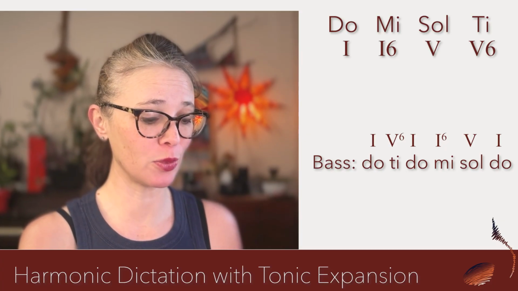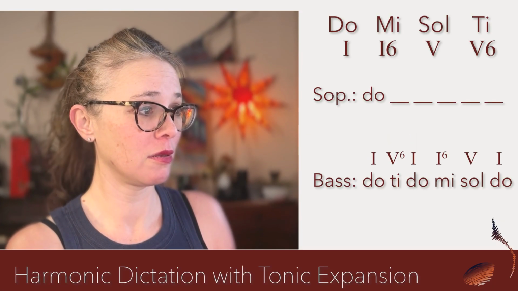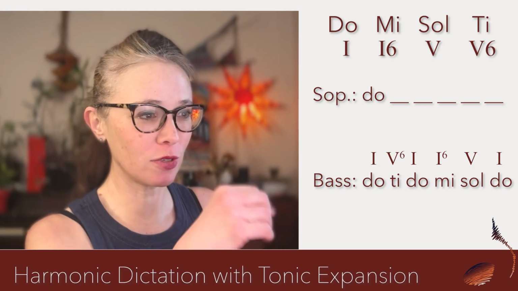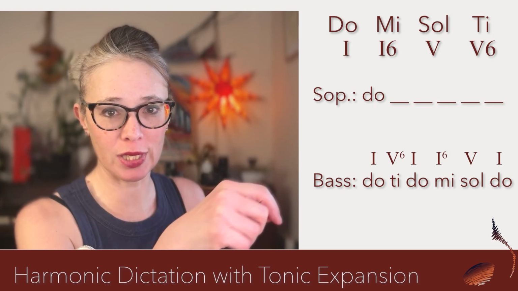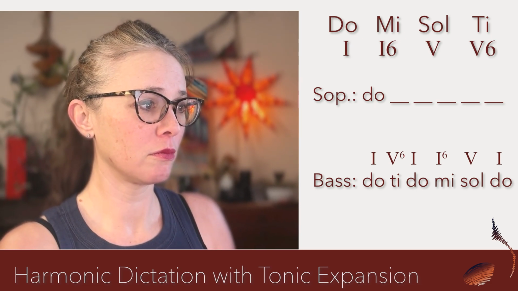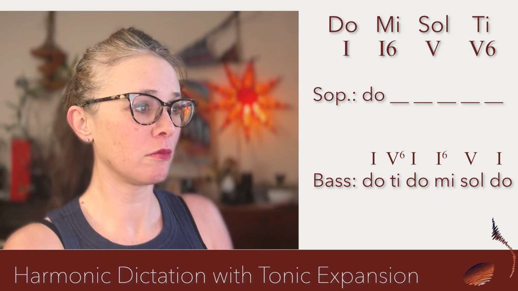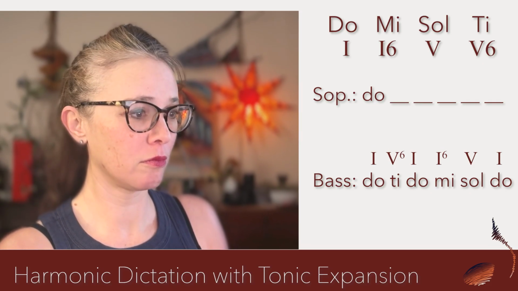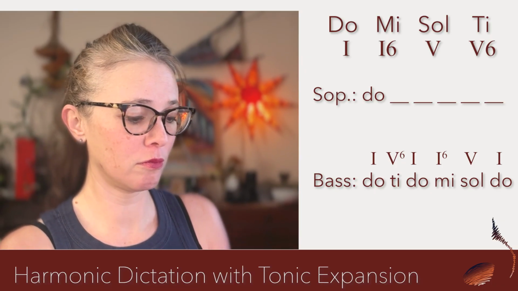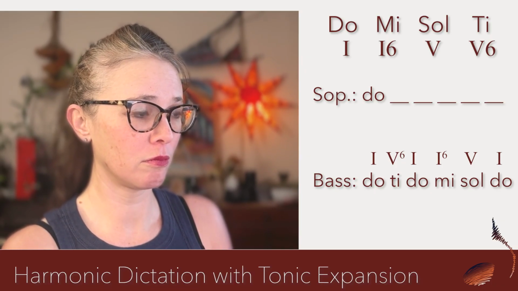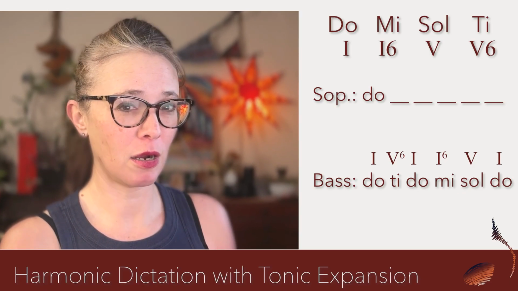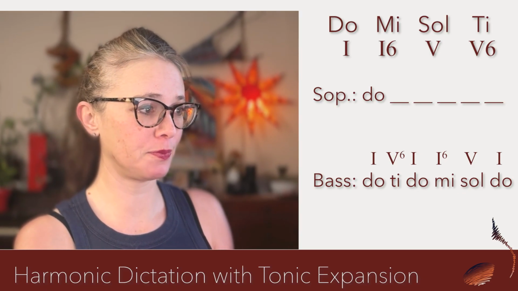And let's try and pick out the soprano. Here's where we're starting. Do the same thing. So kind of draw some arrows. It could go up, it could go down, it could stay the same. Once again, maybe try and decide, are there any leaps, or is it all moving by steps?